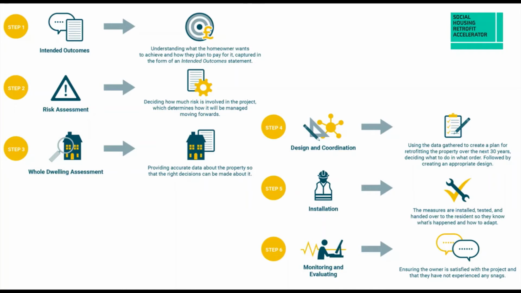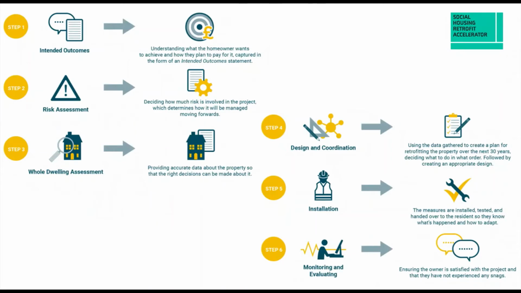So the PAS 2030 installers go in, do their works. The main thing is us retrofit coordinators then check and make sure that they are in fact doing works to the correct standard. And then a key thing that is, again, quite new, which has never really been part of the process properly before, is monitoring and evaluation.